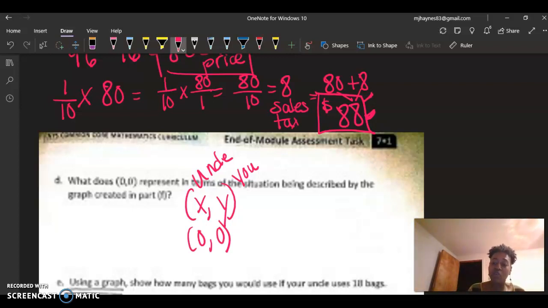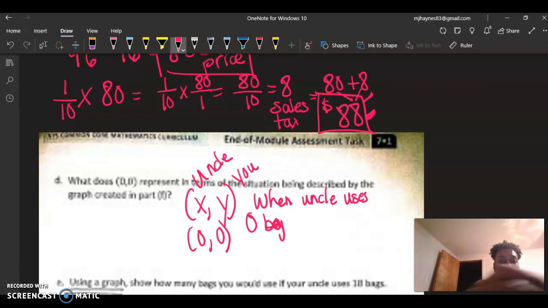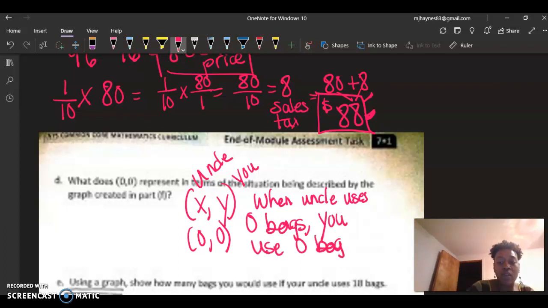If X is for uncle and Y is for you, it just means when uncle uses 0 bags, you use 0 bags.